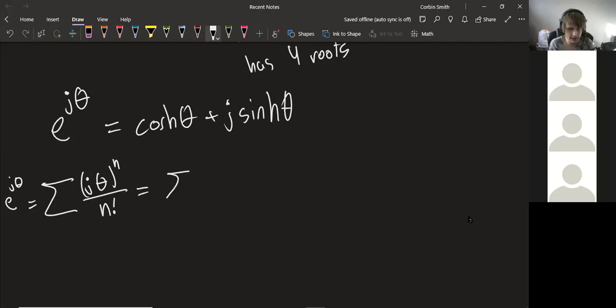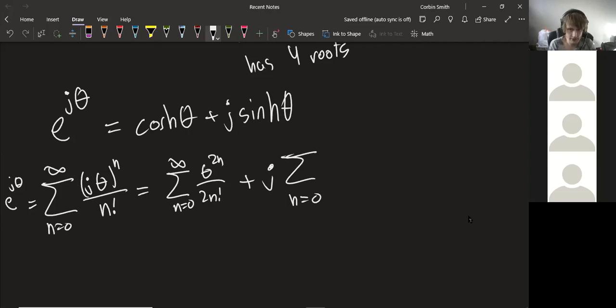So we get the sum of theta to the 2n over 2n factorial, as n goes from 0 to infinity, plus, factoring the j out, all the odd powers, the sum from 0 to infinity of theta to the 2n plus 1 over 2n plus 1 factorial. This is a really nice formula.